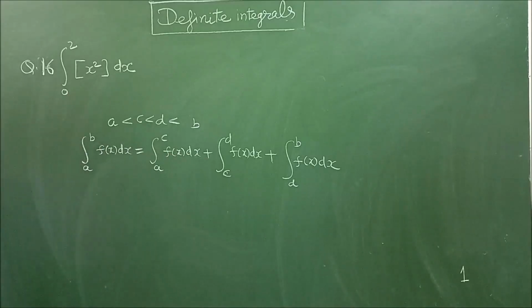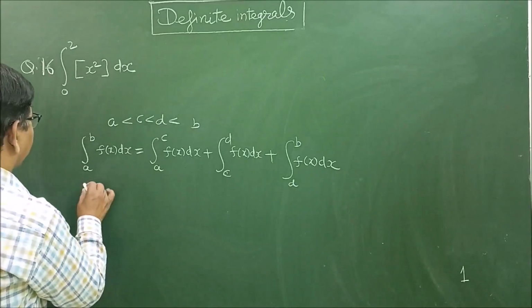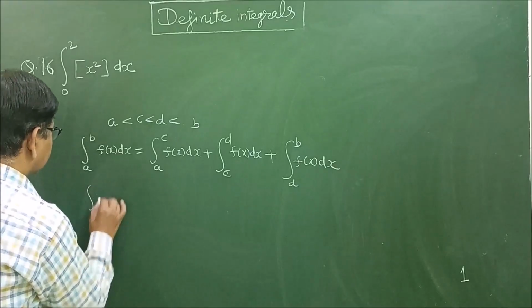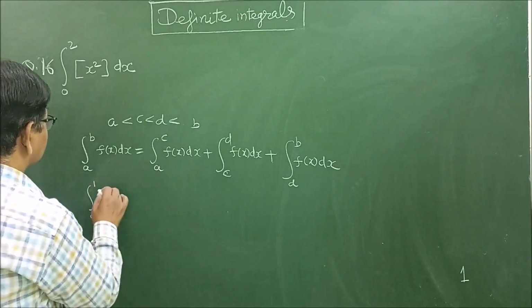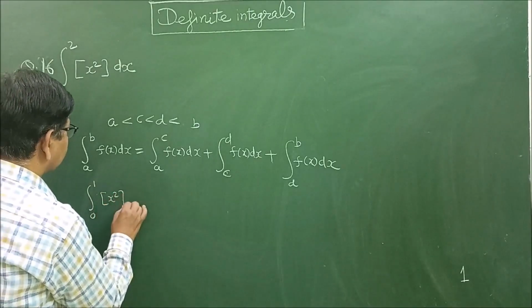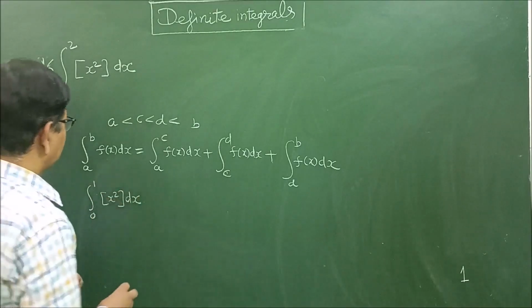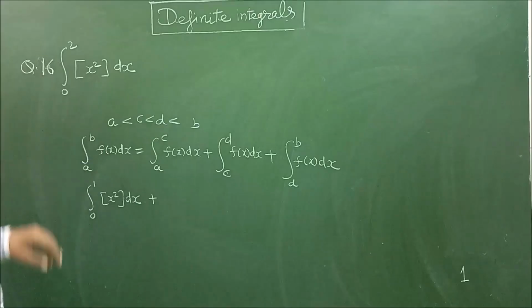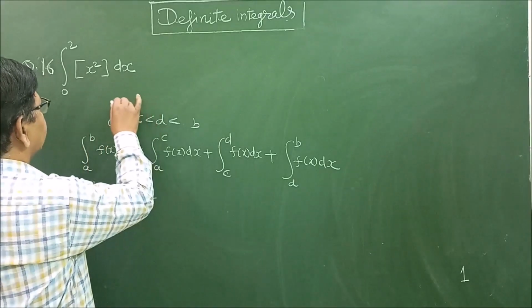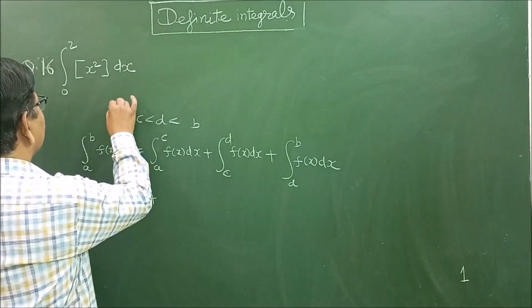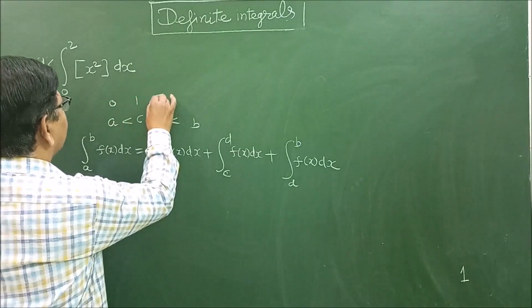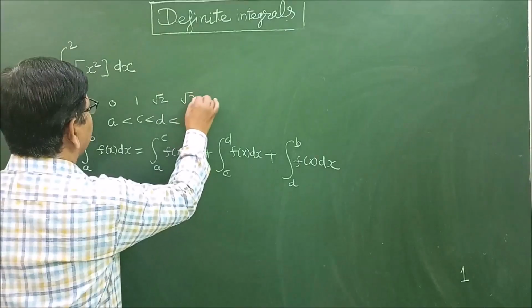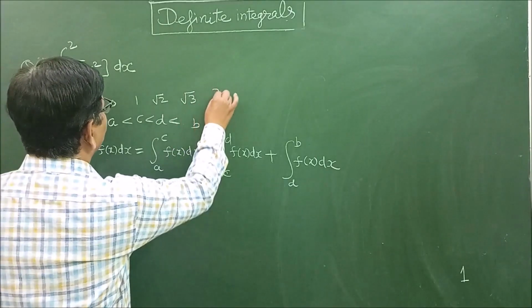In this case, the value of x varies from 0 to 2. So let us split this from 0 to 1, greatest integer x square dx, then from 1 to under root 2, and the intermediate points between 0 and 2 can be taken as 1, then root 2, and then root 3, and then 2.